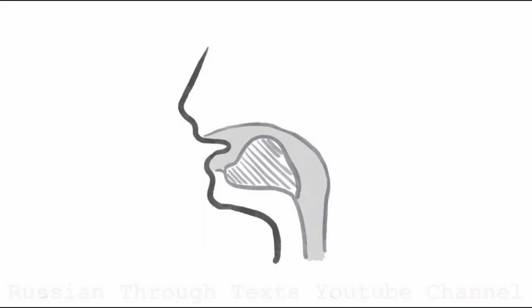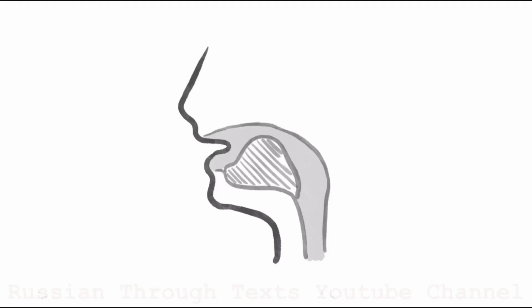When you pronounce the E sound, your tongue is in this position, as you see in the picture. Try to pronounce E once again and pay attention to where your tongue is in your mouth and what position it takes when you pronounce this sound.